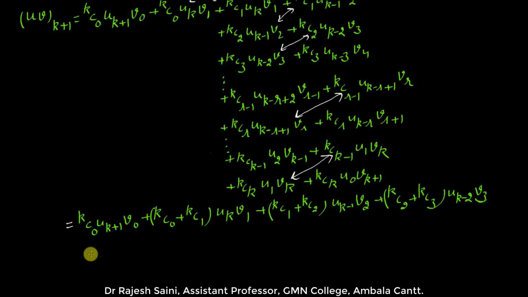And now collect these two: plus kC(r-1) plus kCr, u(k-r+1) vr.